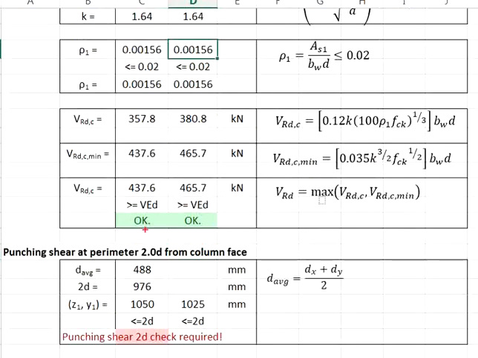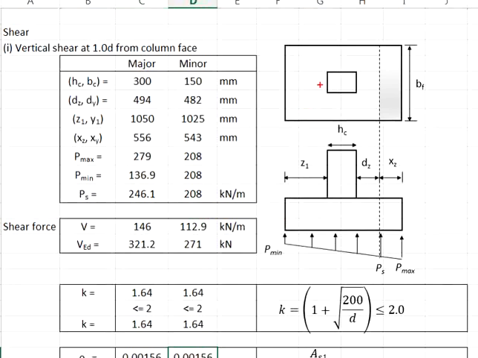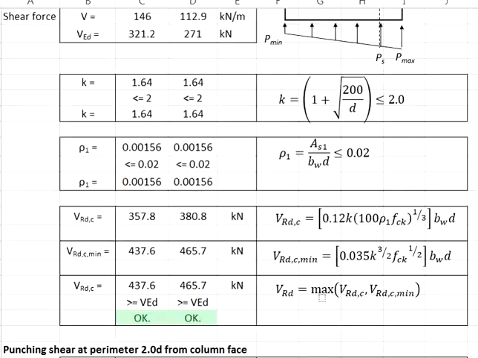The resistance is 400 something, and the shear force at the shear plane of 1d from the column face was 300 something and 200 something. The shear resistance is greater than the shear load. Therefore, you can conclude that the shear plane at 1d from the column face is adequate to resist the shear load.